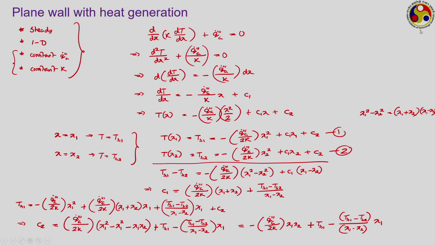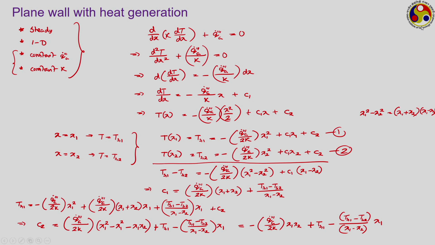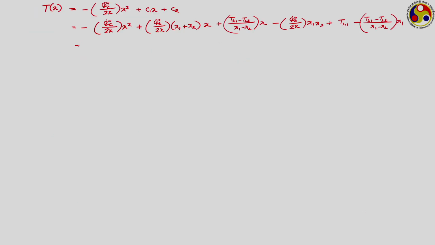Just check whether we have written correctly or not the expression for C 1 and C 2. This one final step is to simplify this entire thing to get in a reasonable form.